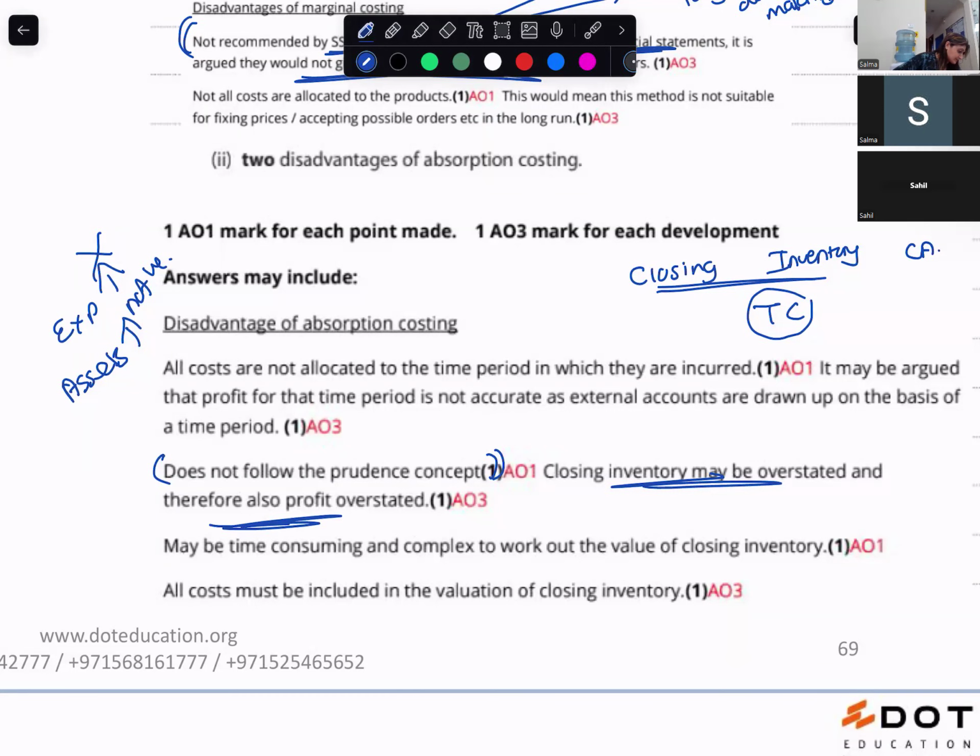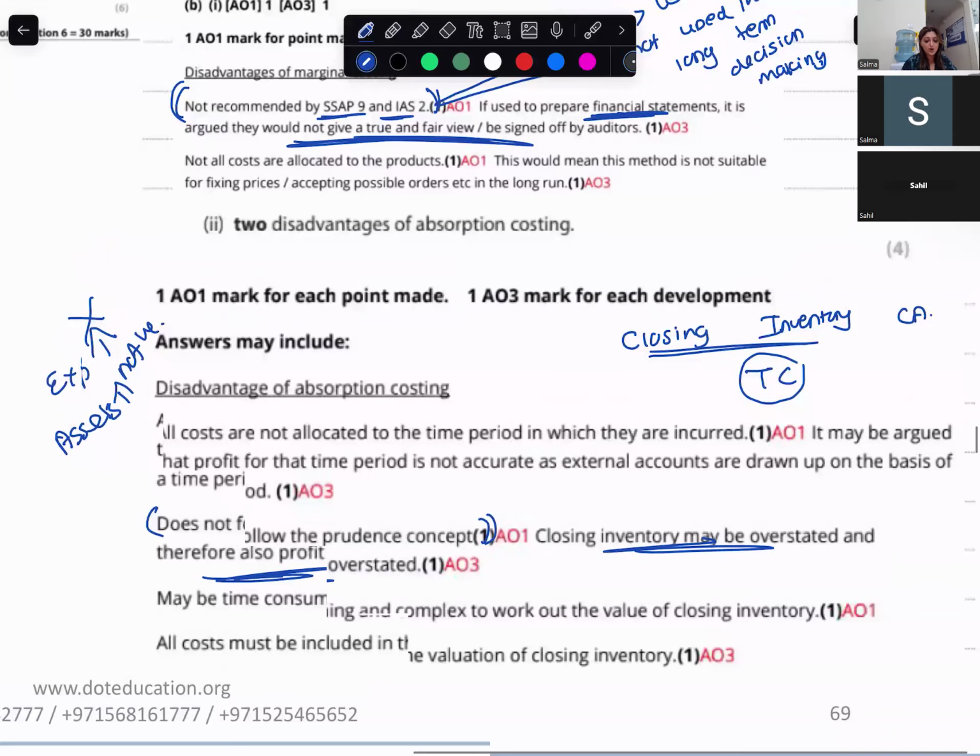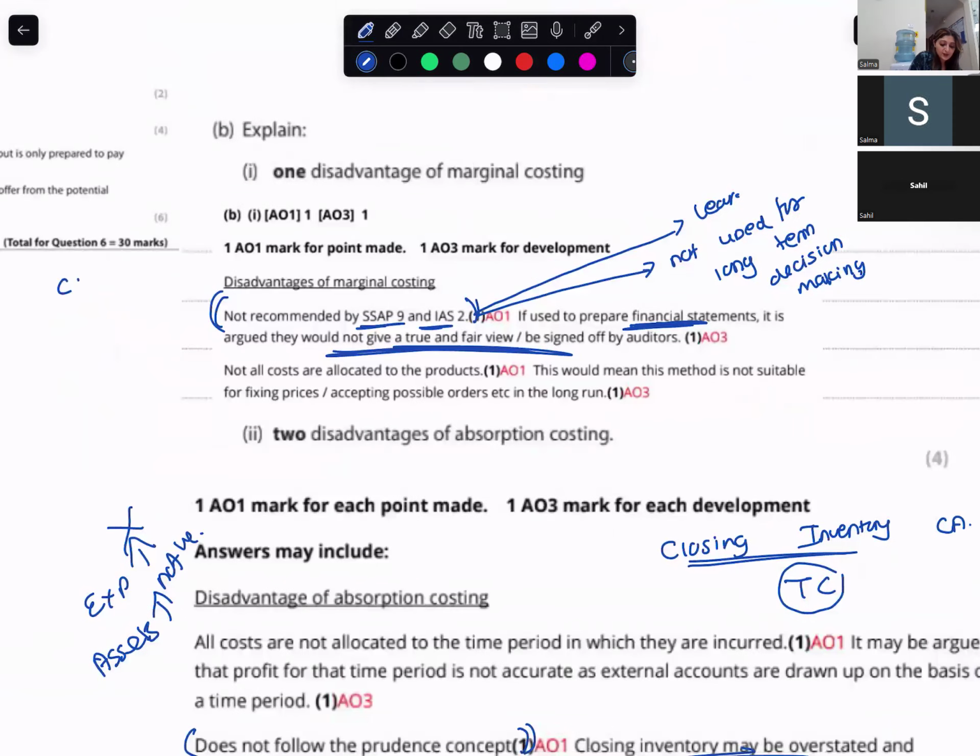Wait, if closing inventory is overstated, then how will the profit be overstated, miss? Because closing inventory reduces your expenses. If you see your cost of sales properly, cost of sales is an expense, right? So opening inventory plus purchases minus closing inventory.